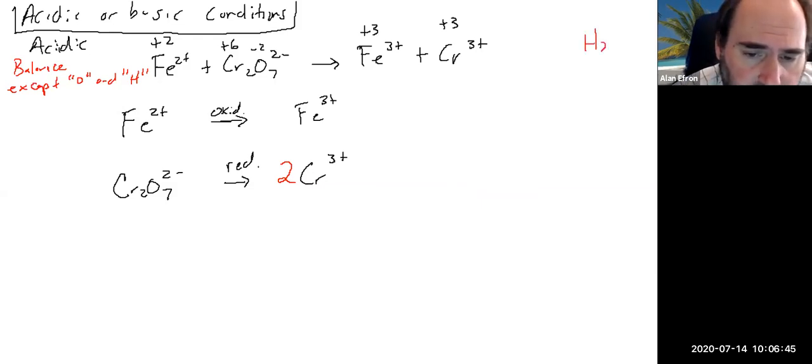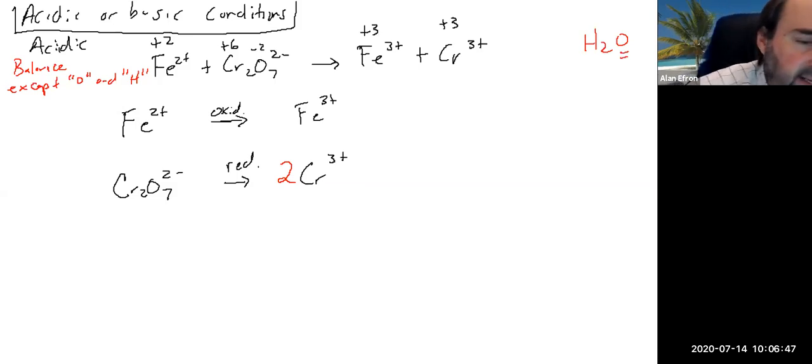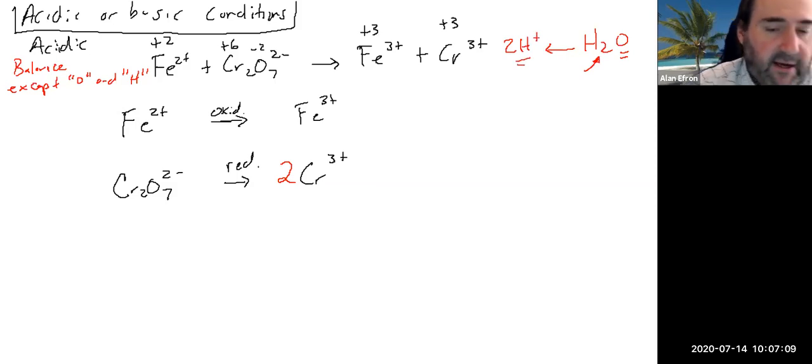So we add water to whichever side needs the oxygen. Now, the important part about adding water to balance out the oxygen is that you're not really just adding oxygen, you're also adding H's. So for every water that you add to one side, to the other side you need to add 2 H pluses.